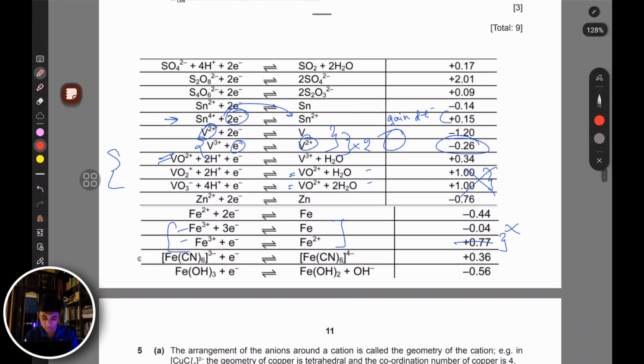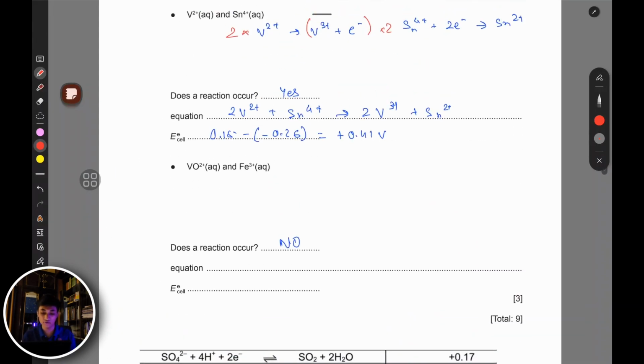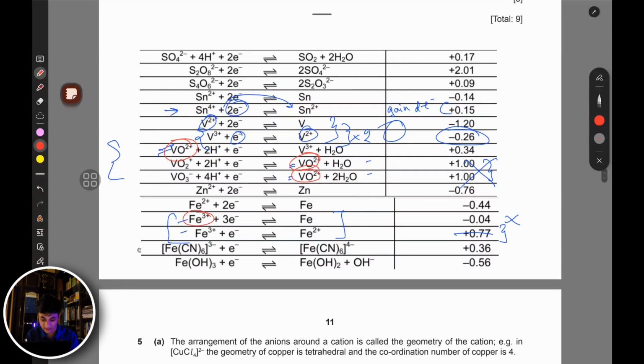For VO2 plus, we have these with charge 2 plus. For iron, what do we have? Fe3 plus, Fe3 plus, Fe3 plus, and what else? Most likely that's it. So these are the 5 electrode reactions we have.